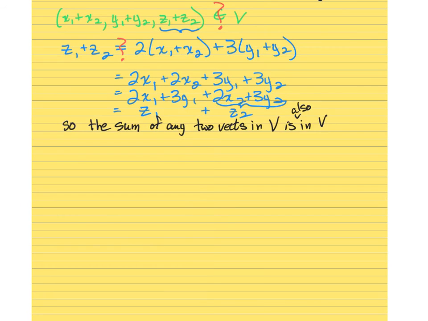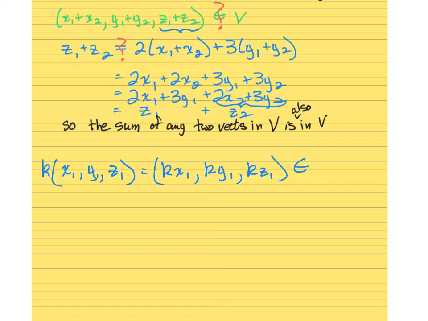So that means that if you take a vector x sub 1, y sub 1, z sub 1, and multiply it by a constant k, of course that gives us kx sub 1, ky sub 1, kz sub 1.